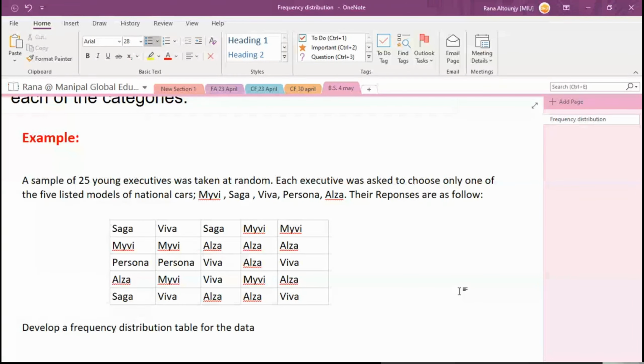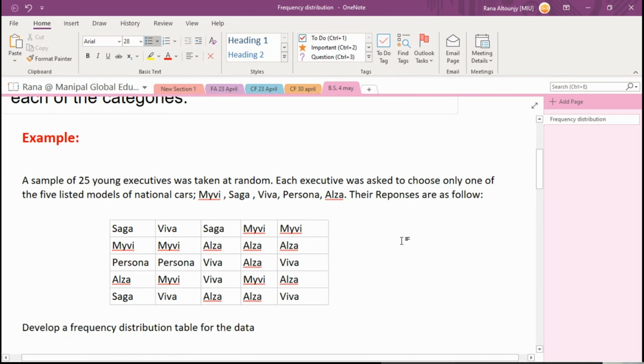First one said Saga, second one said Viva, third one said Saga, fourth one said Viva, then Myvi, and so on.